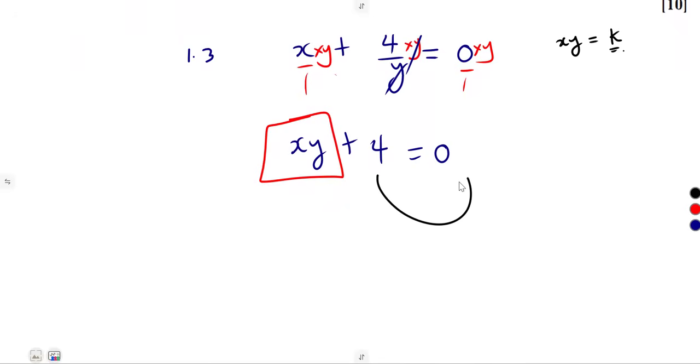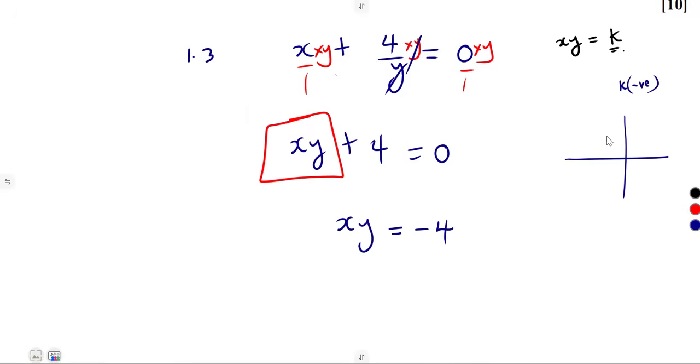We just need to take the 4 to the other side of the equation. So we are going to have xy on one side of the equation. So xy is equal to what? The positive 4 to the other side is going to give us a negative 4. So we have the format here. Our k being negative, we are given a condition where this constant is negative on a rectangular hyperbola.